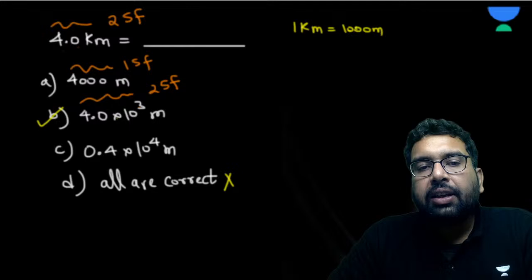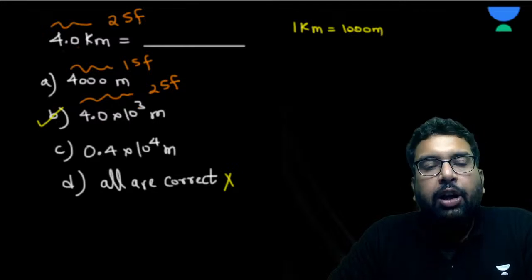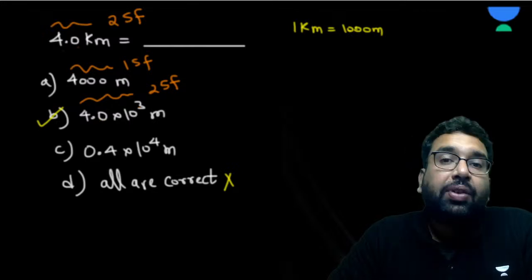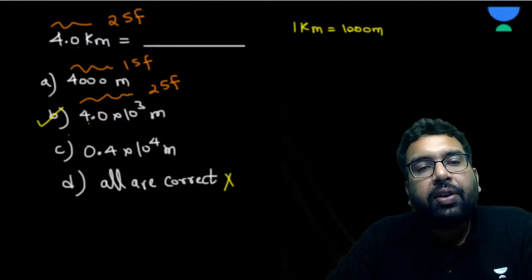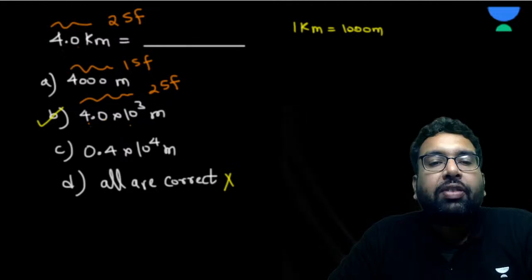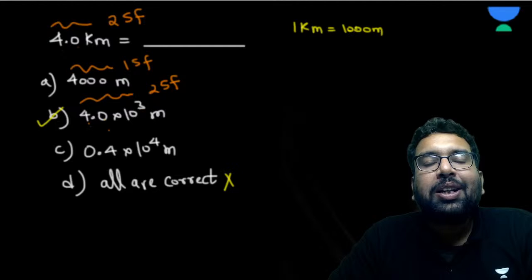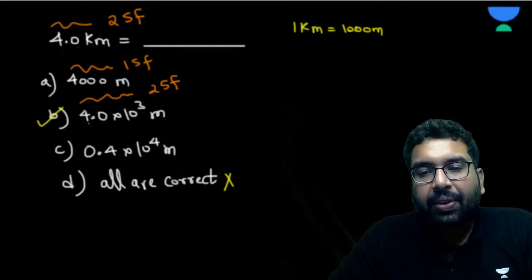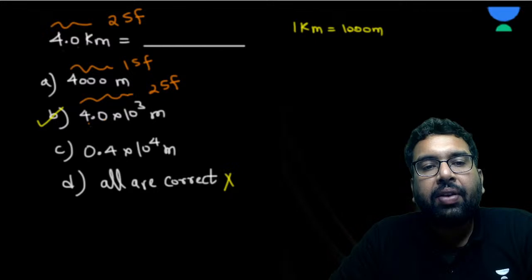In this case, 4 is significant, and 0 appears after the decimal and is the ending zero, so it is also significant. So two significant figures. 10 to the power 3, the order of magnitude, is never significant, so it has only two significant figures.